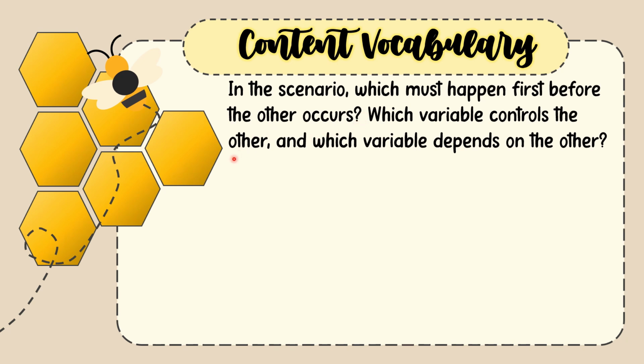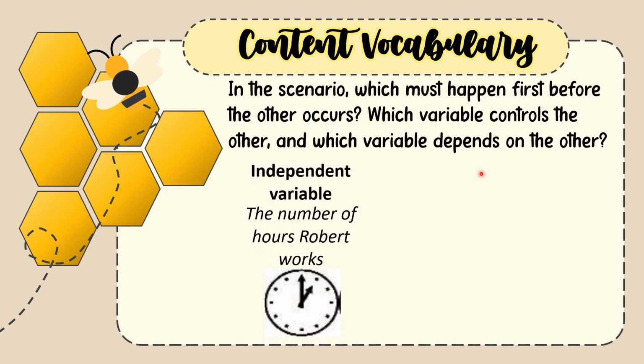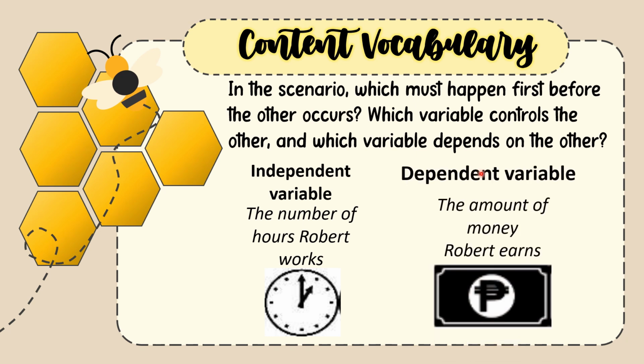Which variable controls the other, and which variable depends on the other? If you say Robert must work first before he earns money, then you are correct because the independent variable is the number of hours Robert works, while the dependent variable is the amount of money Robert earns.